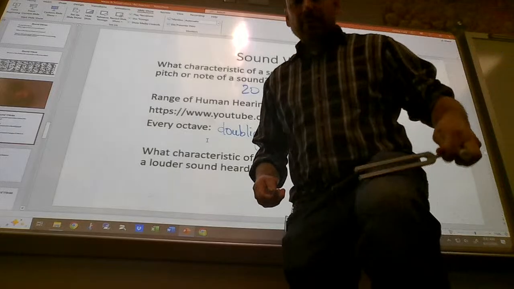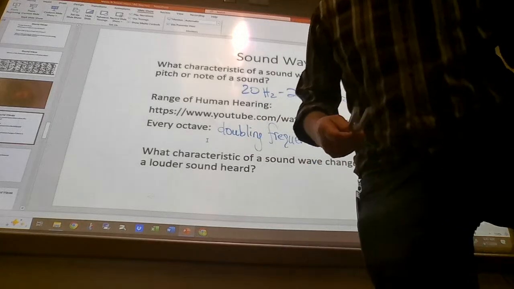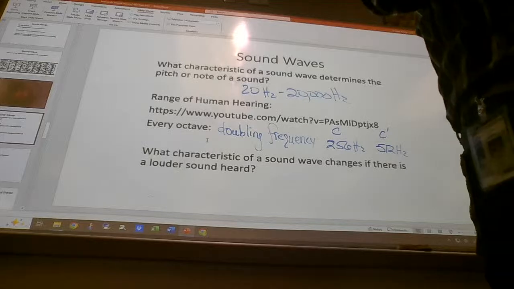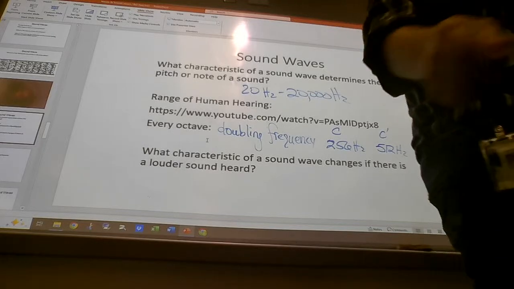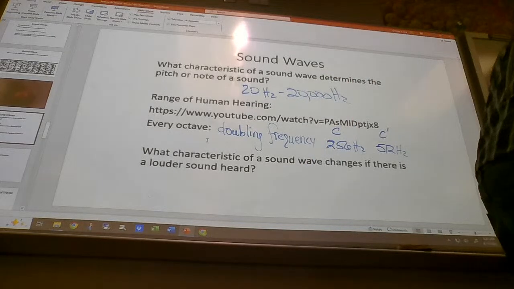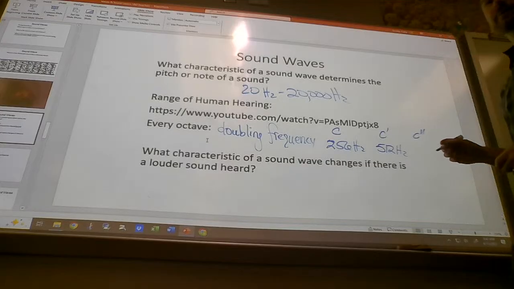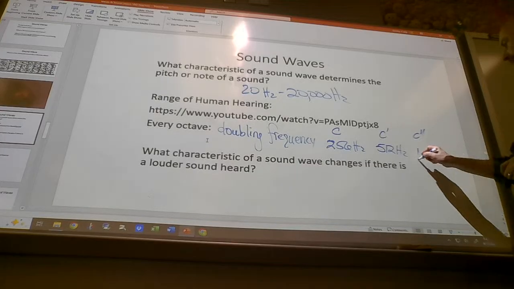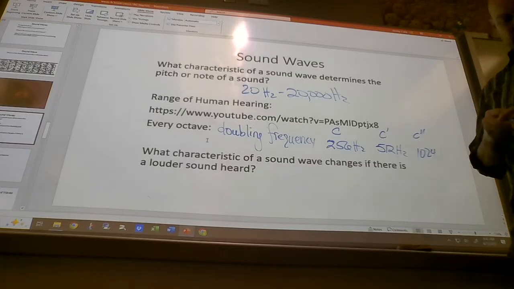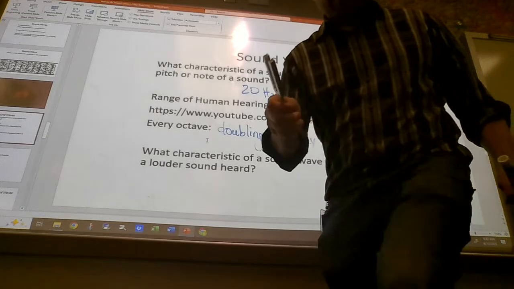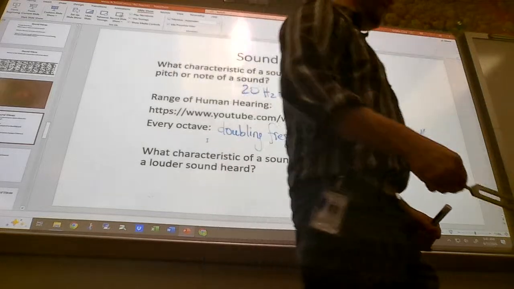So here's 512. Double that, 2 octaves: 1024. Okay.